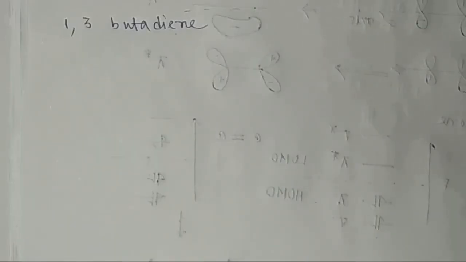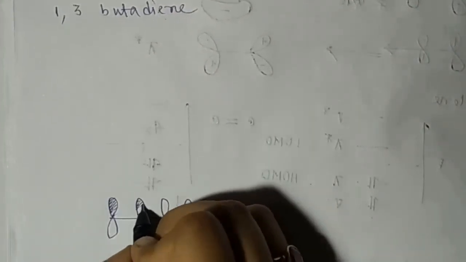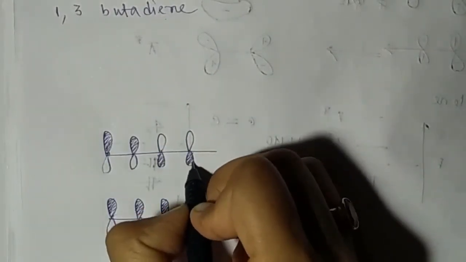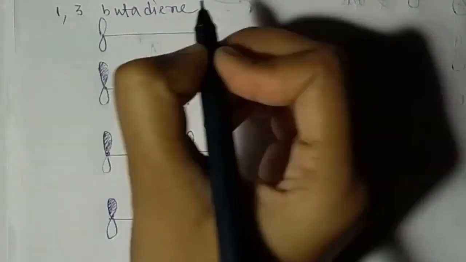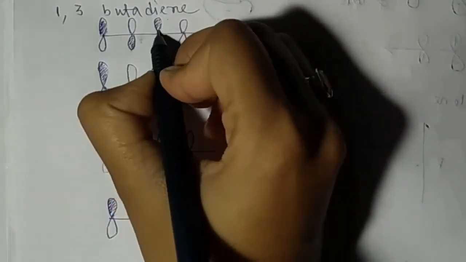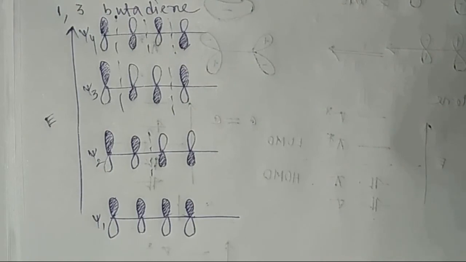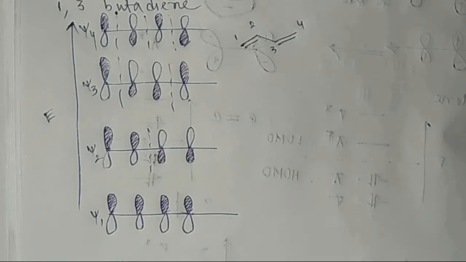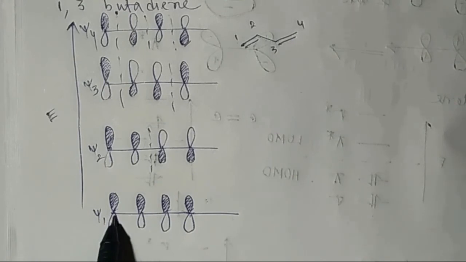Now we will draw the pi MOs of 1,3-butadiene. As there are 4 carbon atoms in 1,3-butadiene, we will consider 4 individual p atomic orbitals of the 4 carbon atoms.